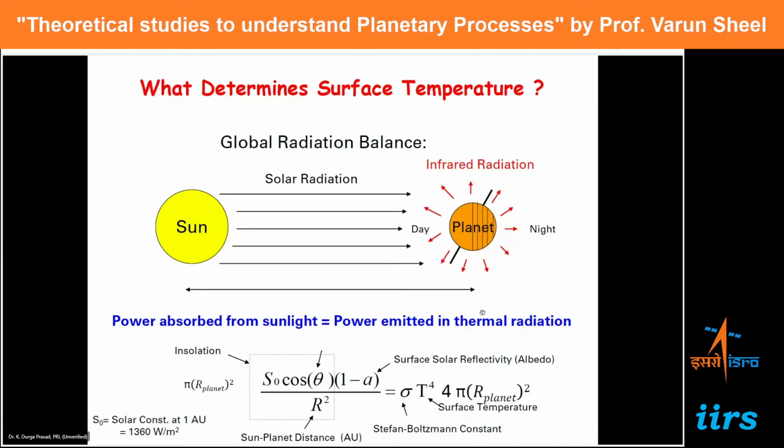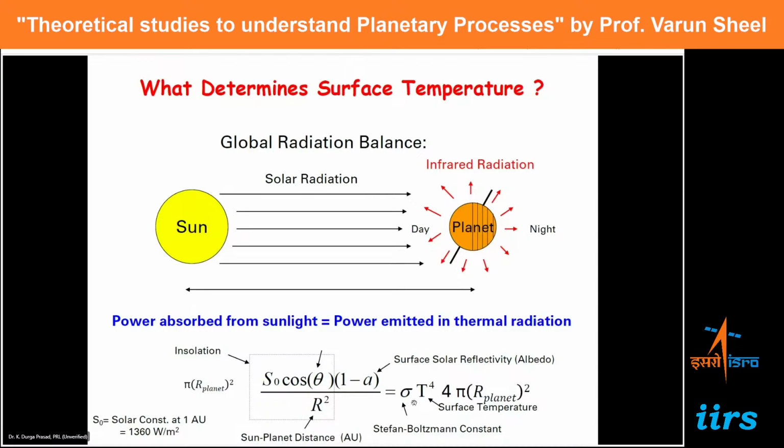Usually the power emitted in thermal radiation is manifested in terms of the surface temperature. So using this energy balance, we can calculate the surface temperature of any medium which is incident by solar radiation. For this energy balance, we use this equation.